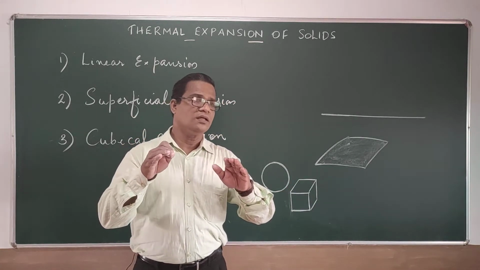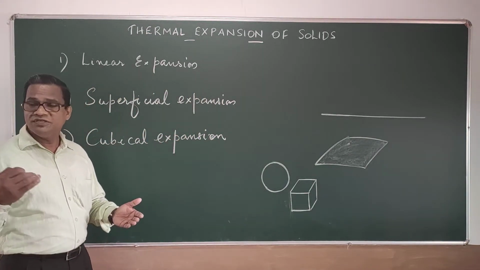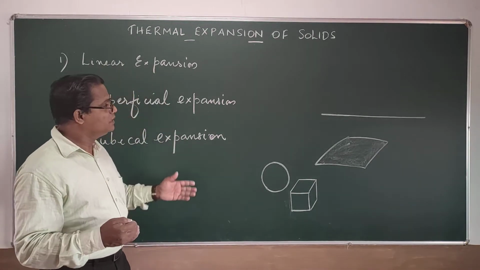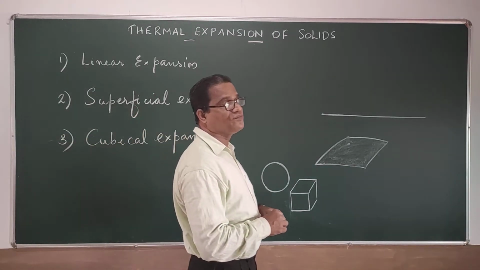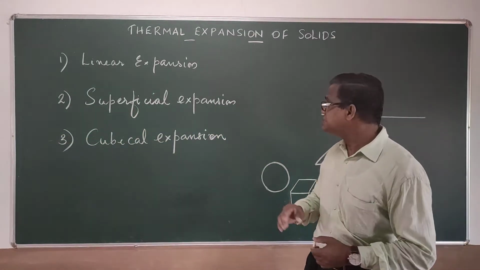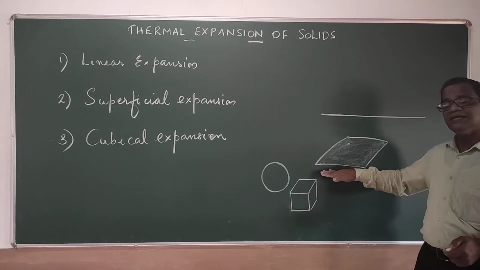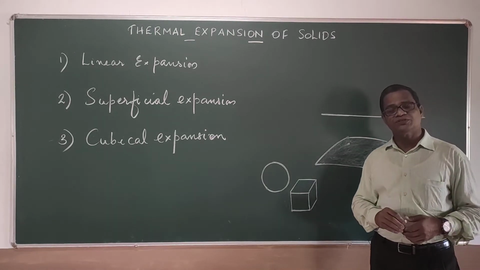So on which dimension the expansion is possible is determined by the initial shape and structure of the material. If it is a thin long rod, linear expansion is possible. If it is a thin sheet of metal, superficial expansion is possible.